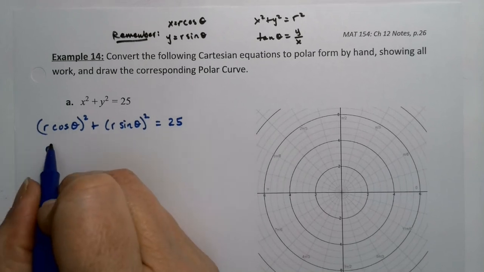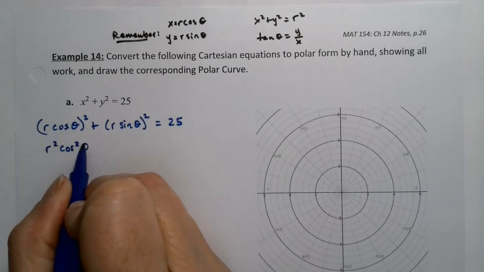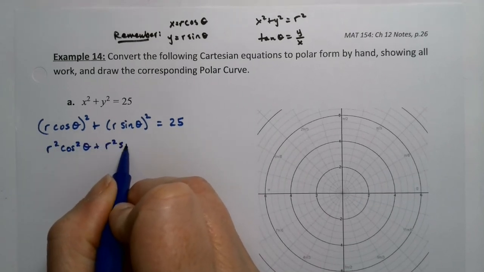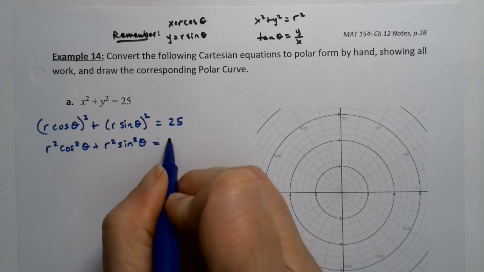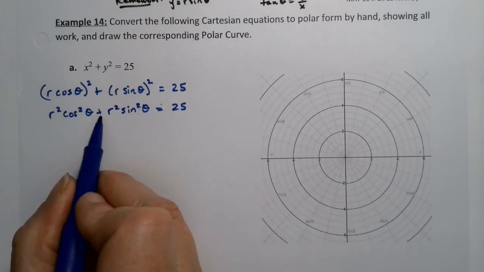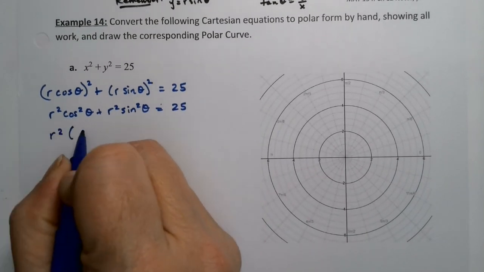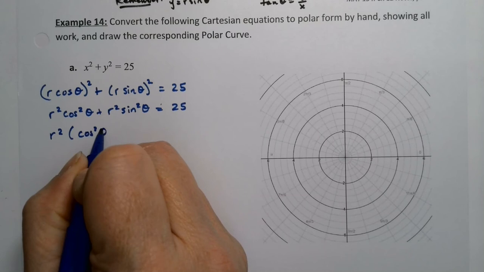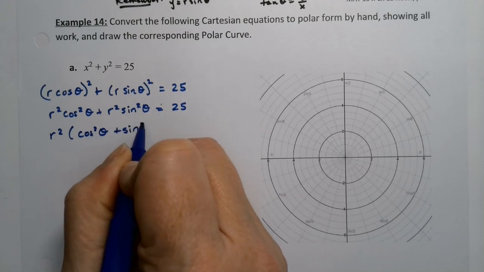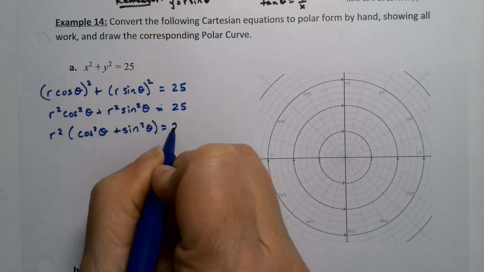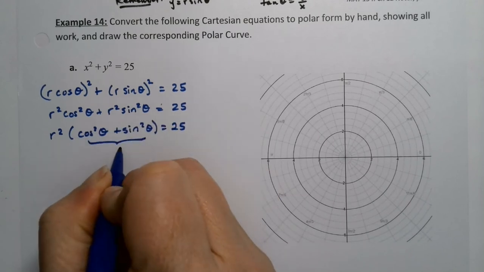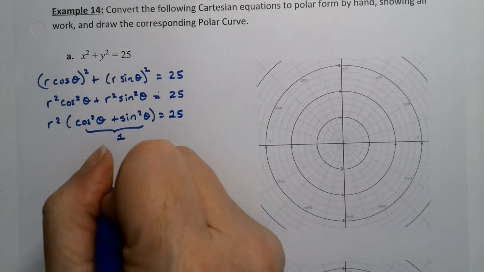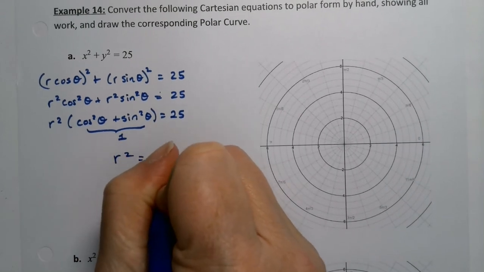This is r squared cosine squared theta plus r squared sine squared of theta. Now you'll notice both terms have an r squared in them. So I can take r squared out and I'm left with cosine squared plus sine squared. But of course, that's 1 by the Pythagorean identity, which means r squared is equal to 25.